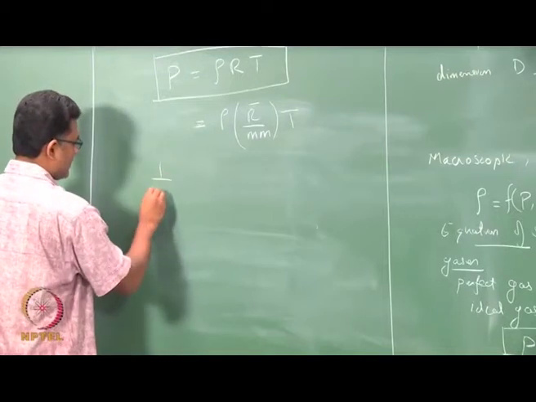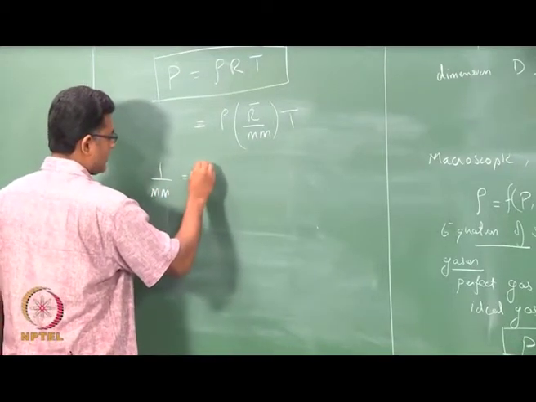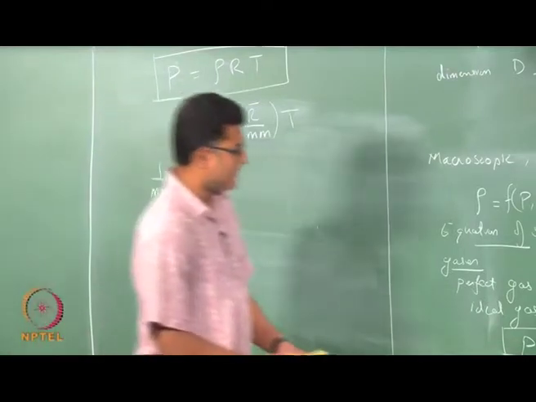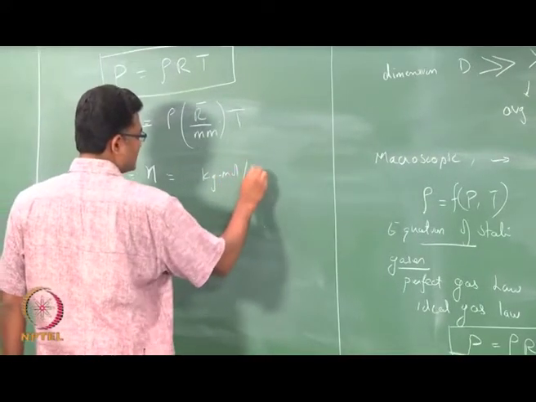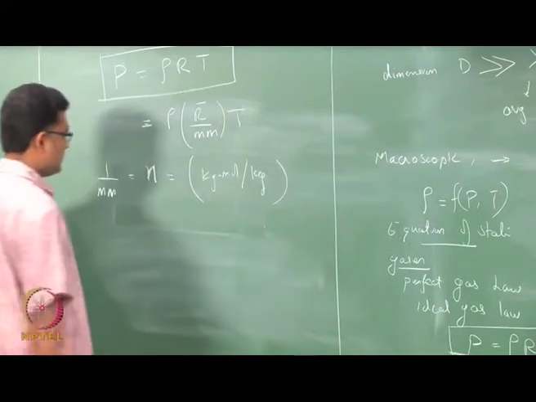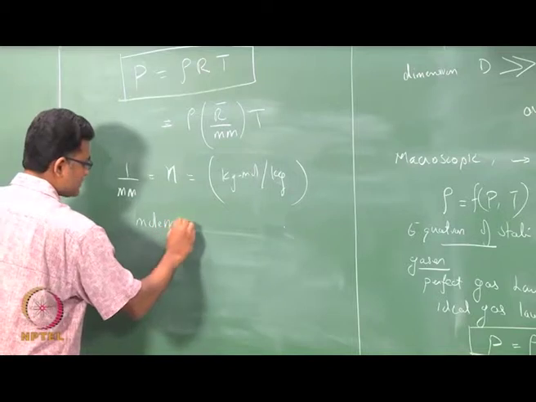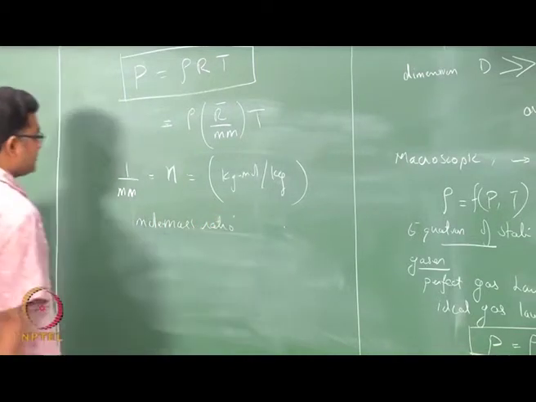So, 1 by M is typically written as N, which is nothing but the inverse of this, kilomole per kg. This is something called mole mass ratio.